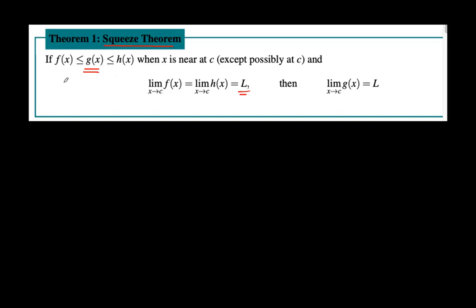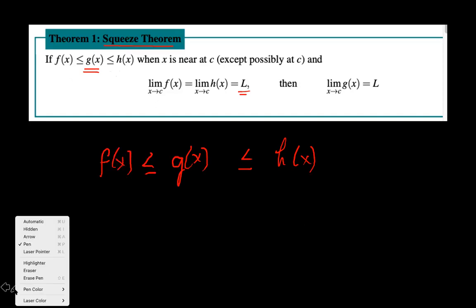So let me write it down. Let's say we have g of x is less than or equal to h of x, but greater than or equal to f of x.